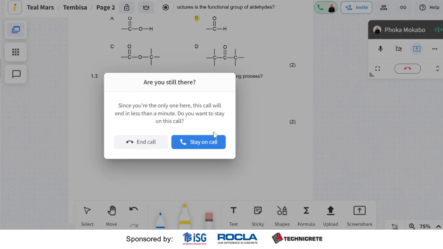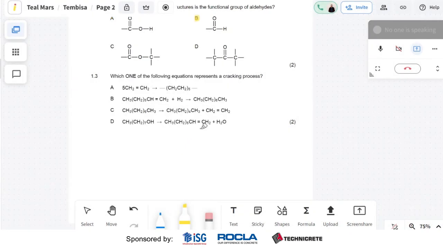It is called hydrogenation, and it is a type of addition reaction. And so, no, it is not a cracking process, even though the numbers do, in fact, work out. Now, let's look at C.